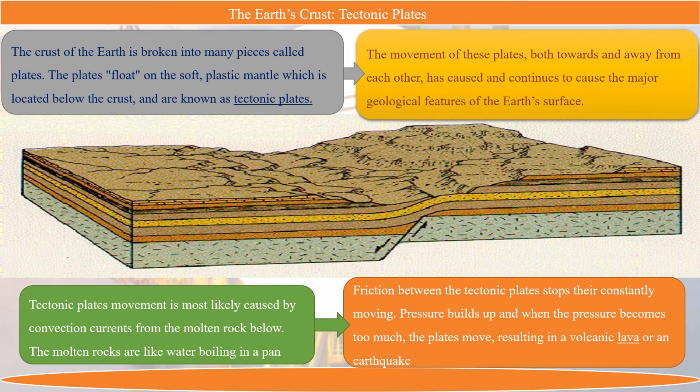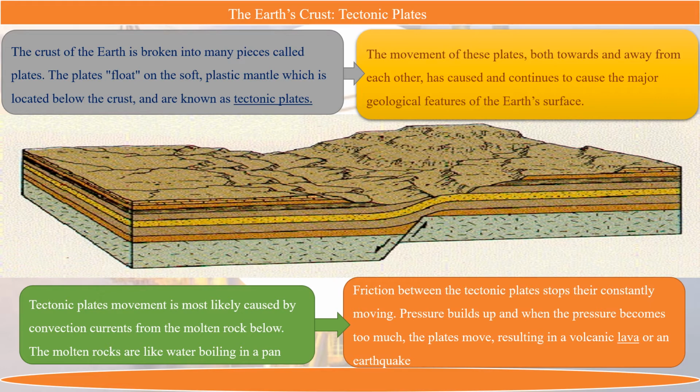In order to better understand how the Earth has been shaped over the ages, we must also consider the Earth's crust. The crust of the Earth is broken into many pieces called plates. The plates float on the soft plastic mantle, which is located below the crust.